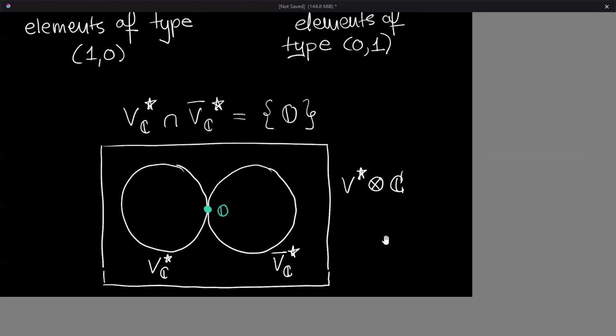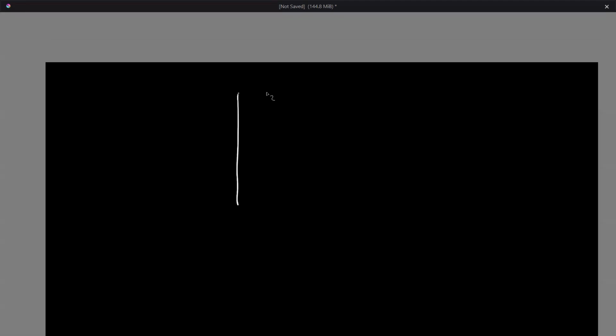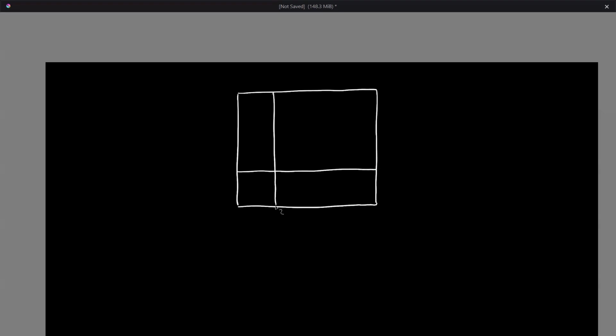A nicer way to draw this is like this. If you've read the notes, you've already seen this diagram. There's no reason why I switched to making it square, it's just an easier way to draw it. It's the same diagram. That's your point 0.